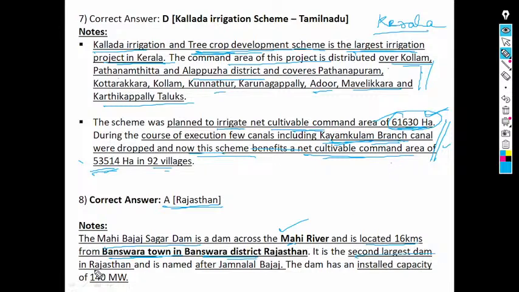It is the second largest dam in Rajasthan and is named after Jamnalal Bajaj. The dam has an installed capacity of 140 megawatt.